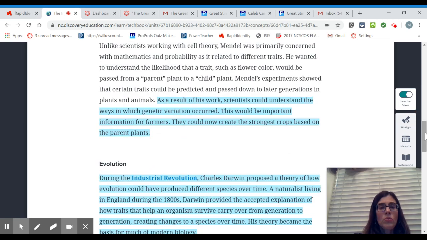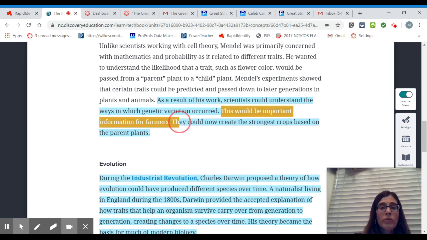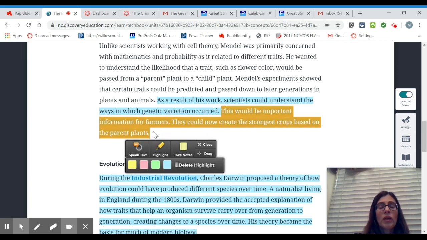All right, so what exactly did he figure out that was so beneficial? Scientists, from examining his work, could understand the ways in which genetic variation occurred. So maybe one of my children has brown hair and one of my children has blonde hair and I have red hair. How does that happen? Bottom line, during the time, this was most important for farmers because this would allow them to create and grow the strongest crops based on what they knew about parent plants.